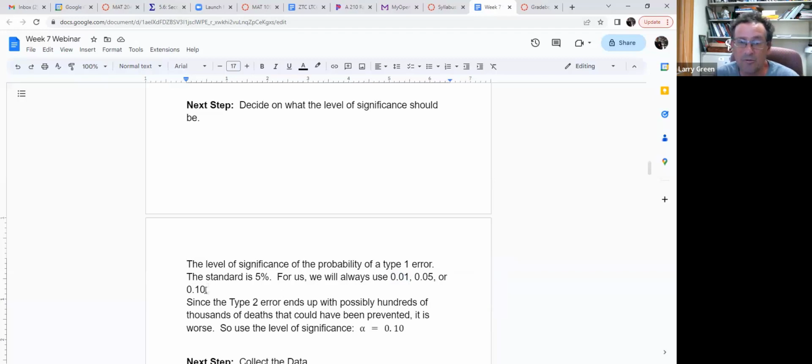And you're going to use 0.10 or 10%. So let me stop. Any questions about this idea? Okay, in the real world, it's a little more complicated than I'm saying it, but this is elementary statistics, so I can only go so far.